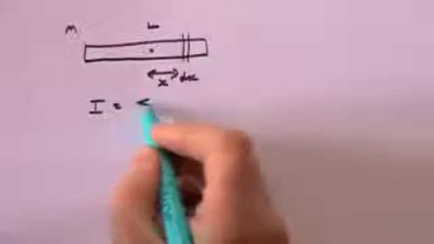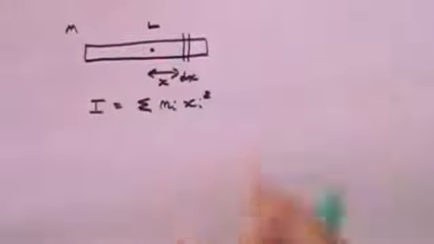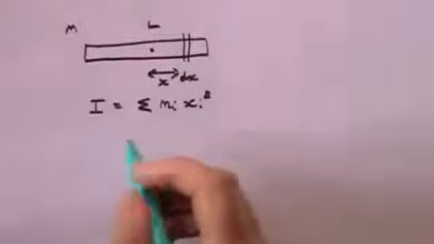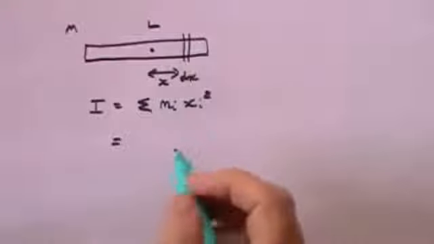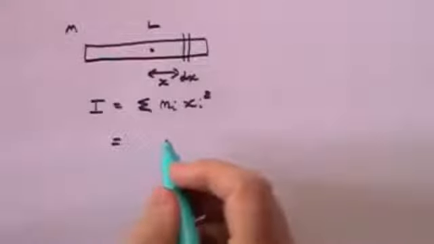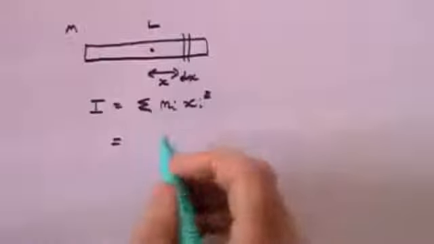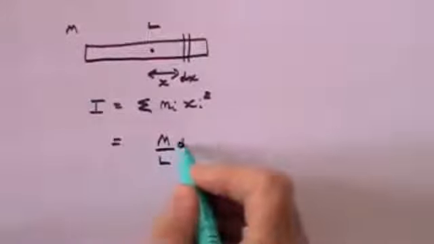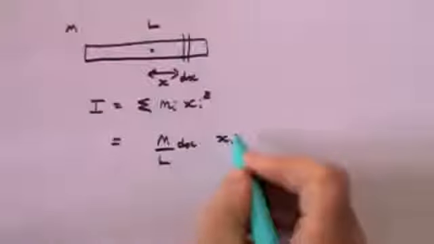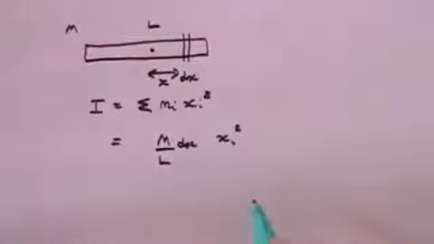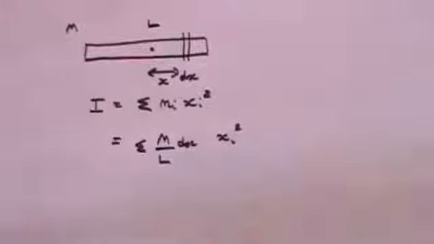The moment of inertia, just to remind you, is the sum of m_i x_i squared. Well, the mass of the little element, as before, is going to be the mass per unit length times the thickness, which is m over L times dx, so that's the mass element, and the distance is always going to be x_i squared. So the moment of inertia is going to be the sum of all these values.